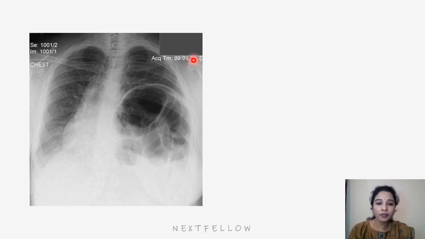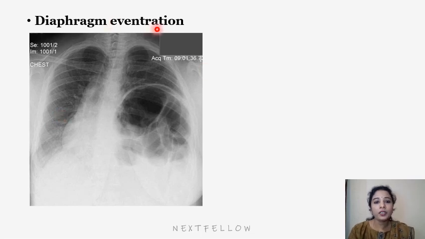Next, the diaphragmatic eventration. Congenital diaphragmatic eventration means abnormal displacement or elevation. In this condition you can see here, the diaphragm is abnormally elevated on one side. The musculature of one half of the diaphragm remains thin and membranous, and hence it balloons out into the thorax, forming a diaphragmatic pouch, with upward displacement of the abdominal viscera.